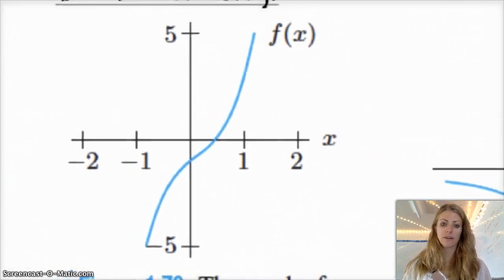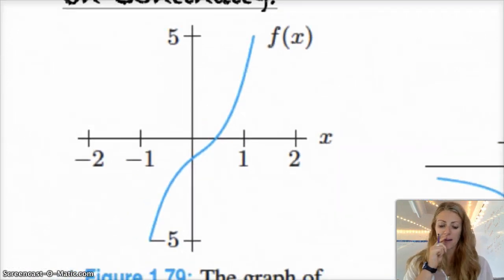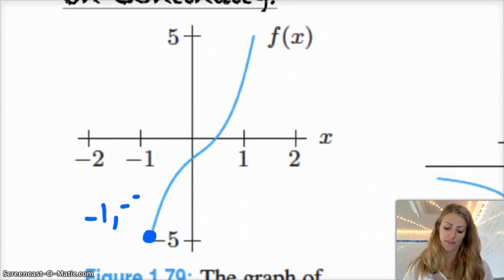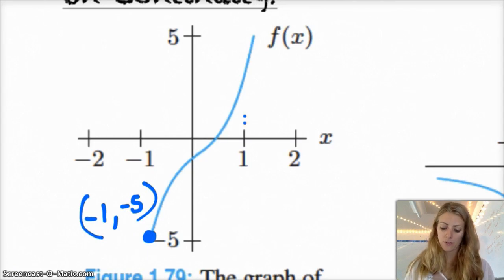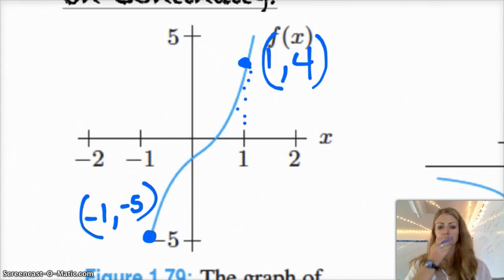So for example, on f of x, if I only knew that the function went through the point -1, -5, and I also know it goes through the point 1, 4, let's pretend. I'm just making these up, okay?